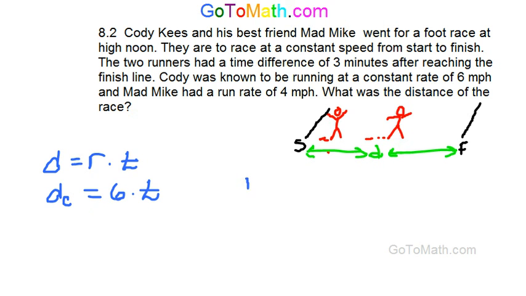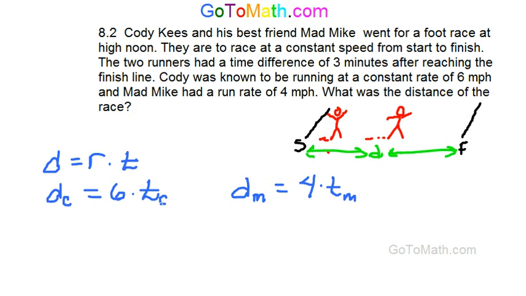And then we have the distance of Mike is equal to, and his rate is 4, and we don't know how long it took Mike. So I should say this is t of c, and we'll call this t of m.